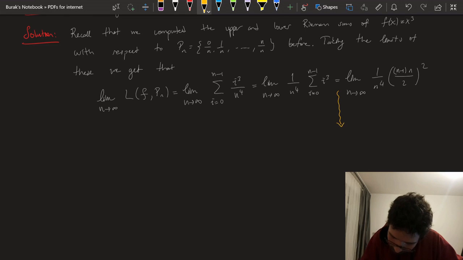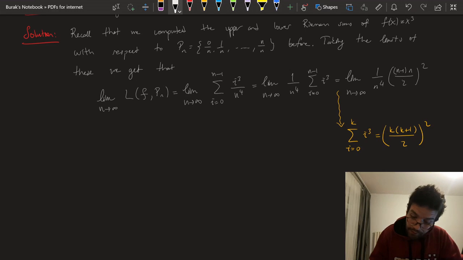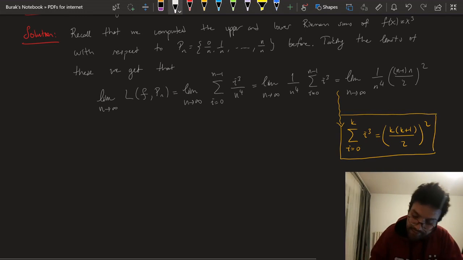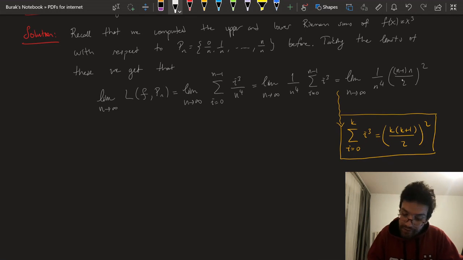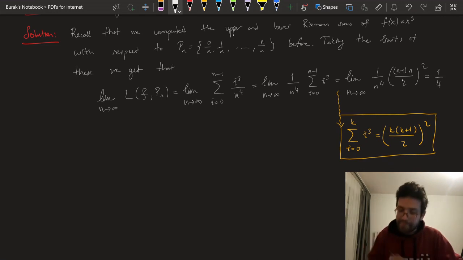Because this is a well-known formula which I'm not going to prove. This turns out to be the limit of these lower Riemann sums. Now you can get this limit as 1 over 4.